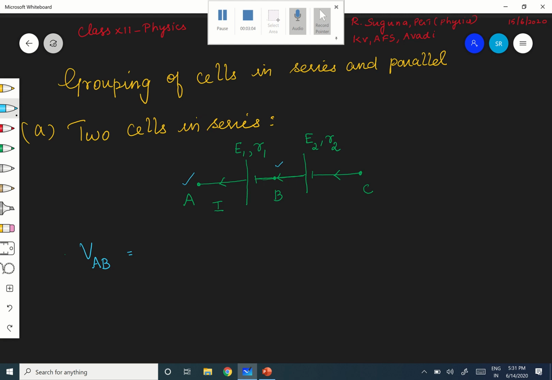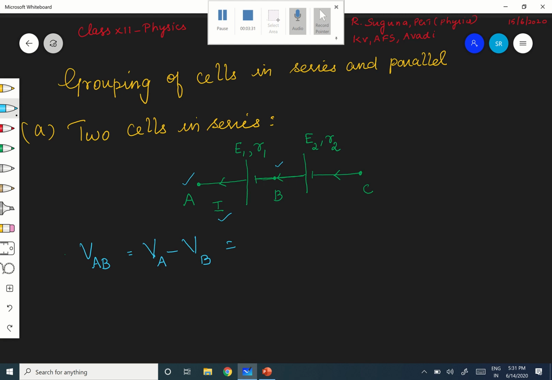VAB is nothing but VA minus VB. Now the current I is drawn from the cell, therefore VAB is nothing but the terminal potential difference of the first cell.